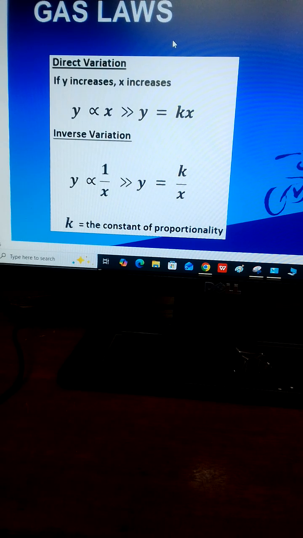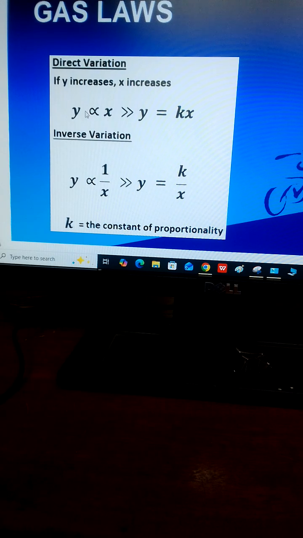They vary. In the first instance, that is direct variation, when y increases, x increases. When y decreases, x decreases. That is direct variation. And this is how we represent the information that y is directly proportional to x.